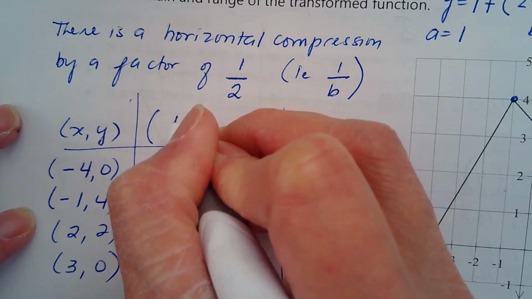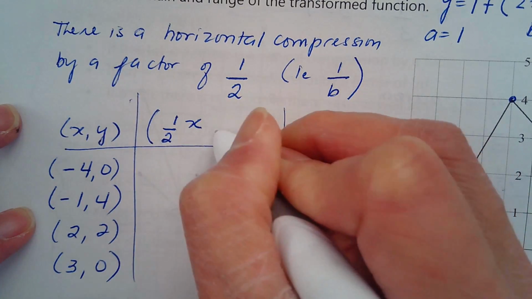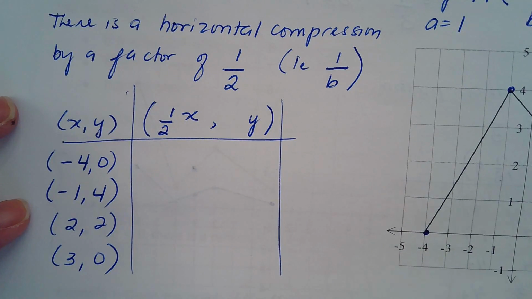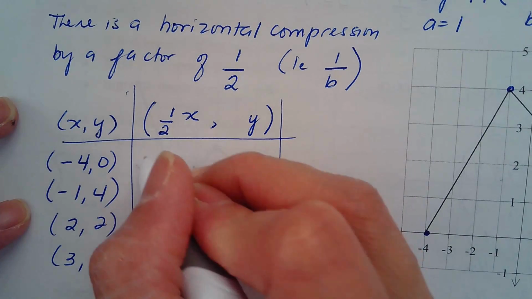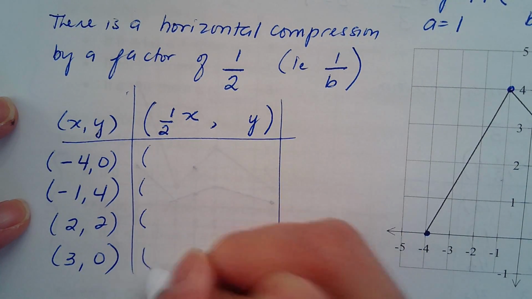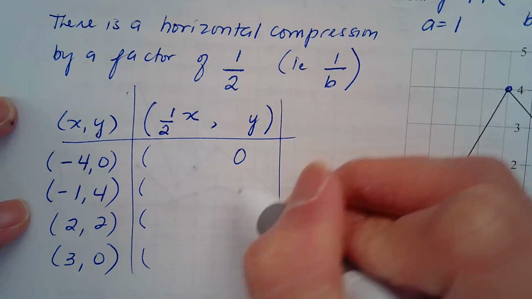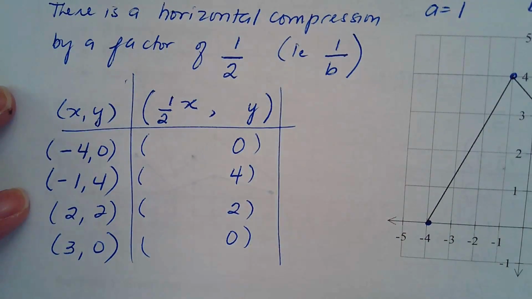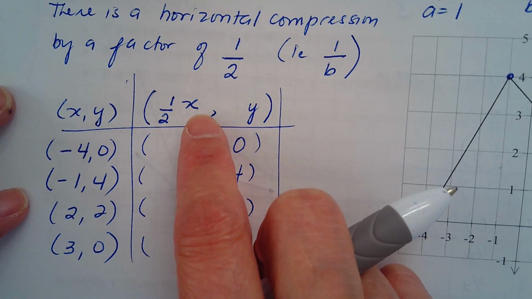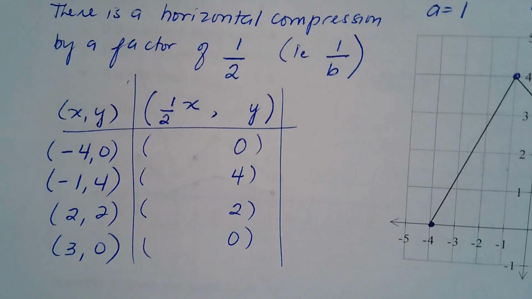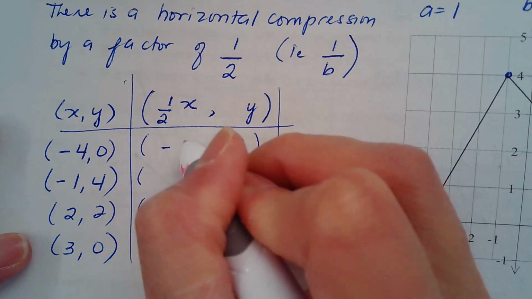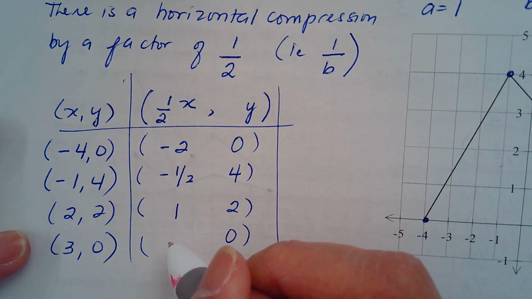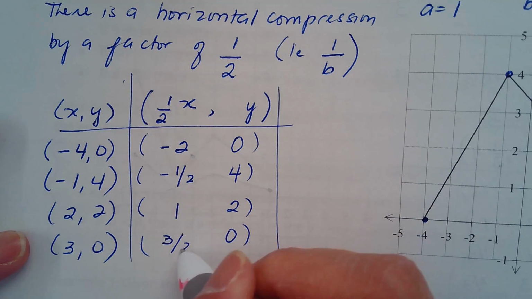So it's going to be 1/2 times x, and then it's just going to be y. So y stays the same, 0, 4, 2, 0, but then the x will be multiplied by 1/2, so it gets compressed. So it's going to be -2, -1/2, 1, and 3/2, or 1.5.